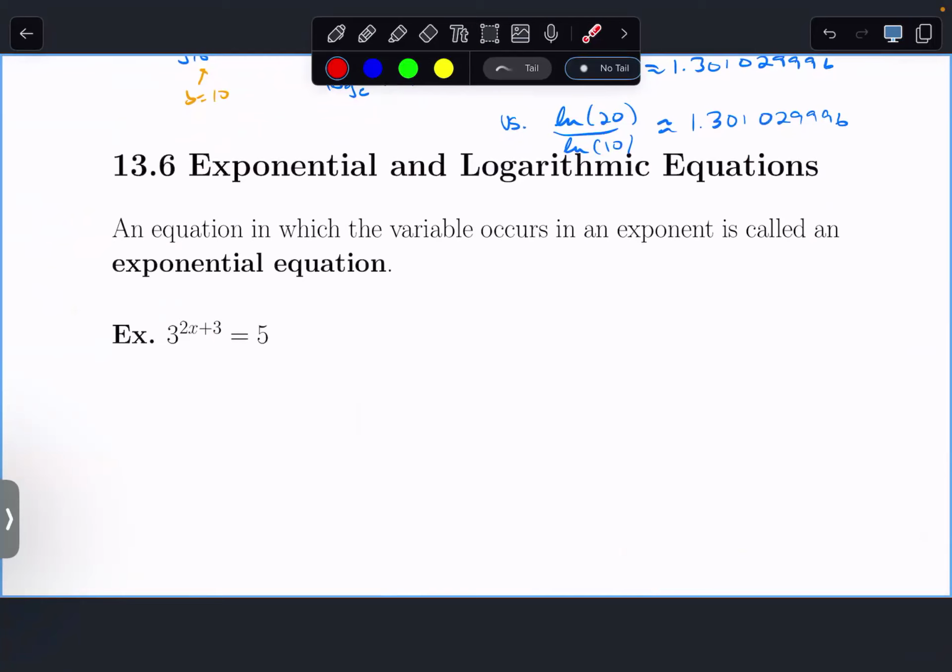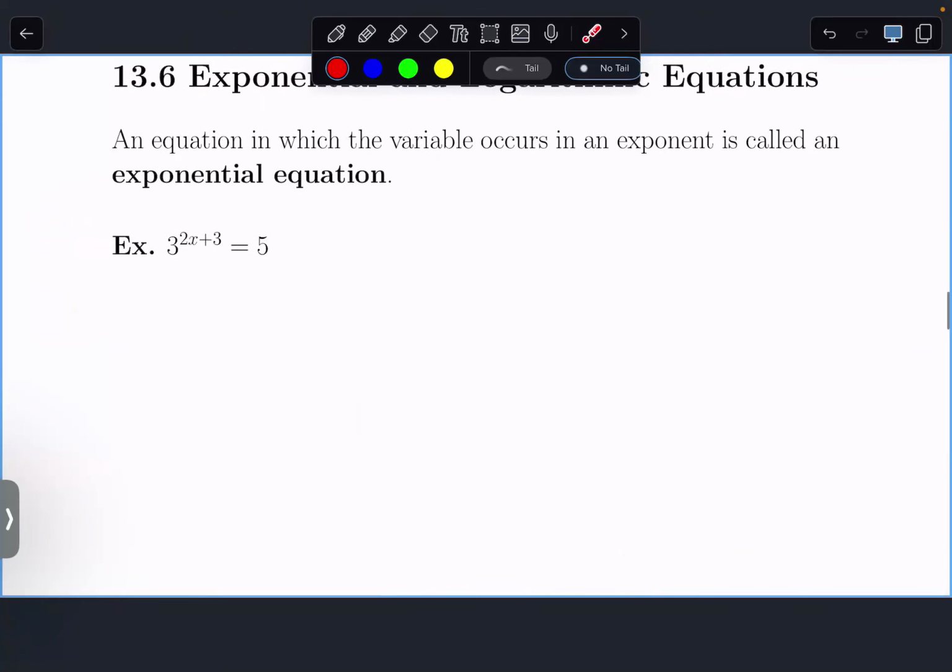What if you have to solve something like this for x? I've got 3 to the power of 2x plus 3 is equal to 5. How am I going to chip away to get to that x? The only way that I can do that is using logs, right?